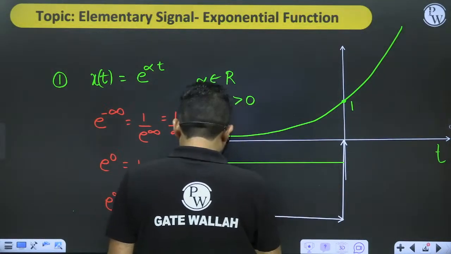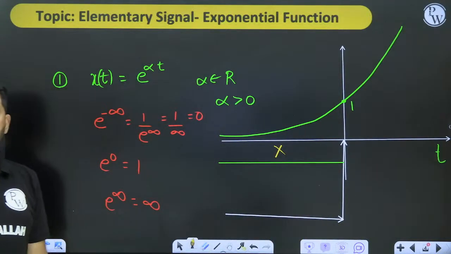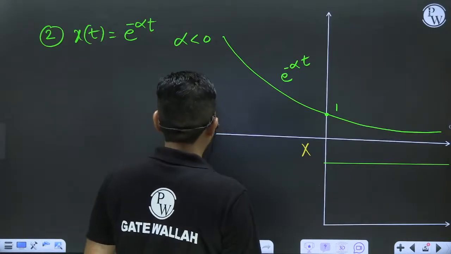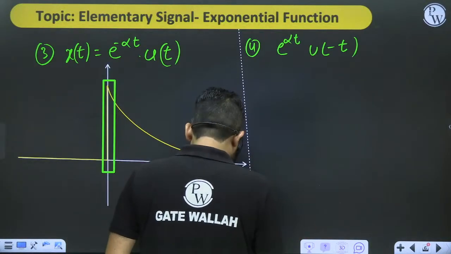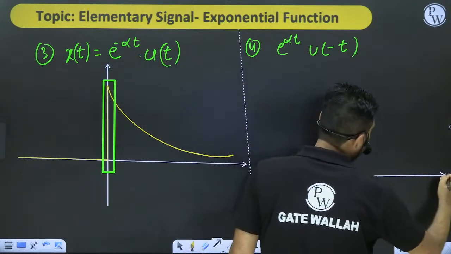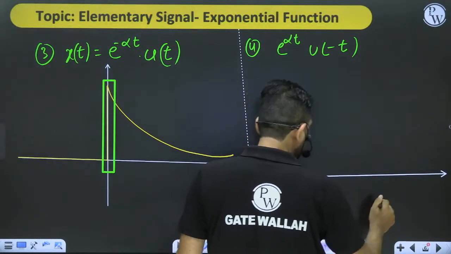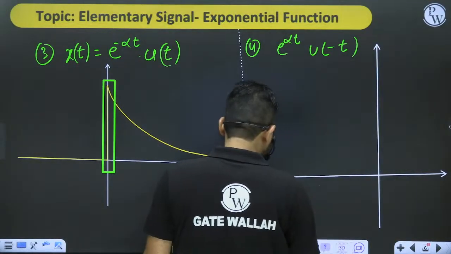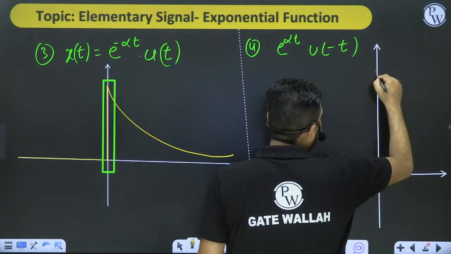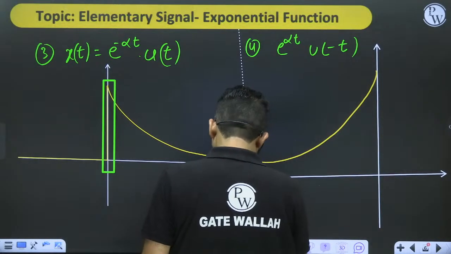When you multiply both this function, this is u minus t, what you will get is this function.